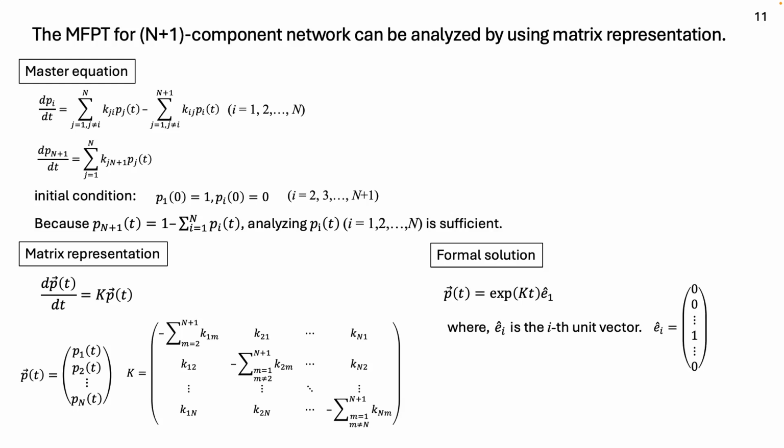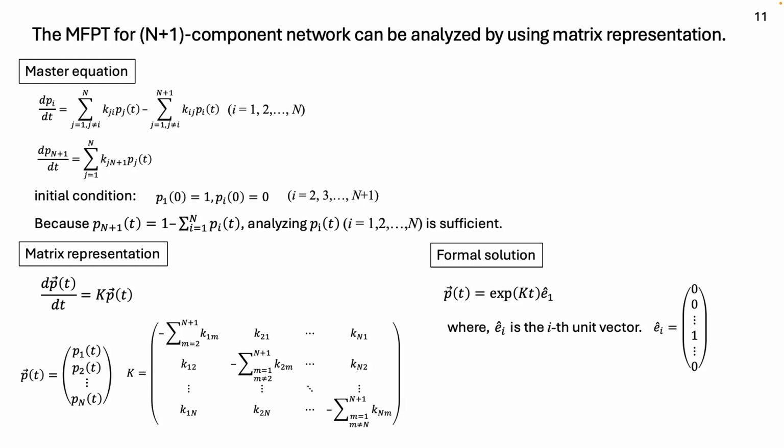And then we can write the formal solution. We don't need to derive the exact solution, but for later analysis, we put the formal solution here. P of t is equal to exponential of Kt times E1.